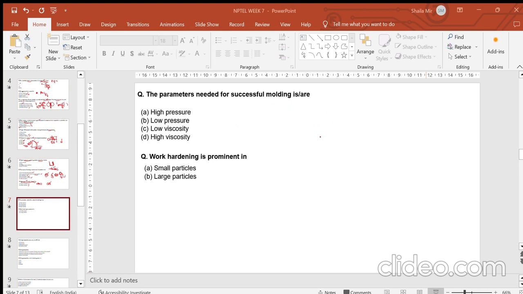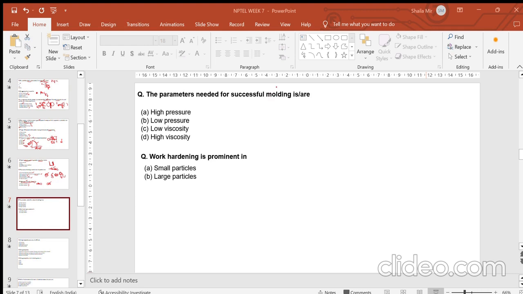This is the compression pressure, and this is, for example, the fractional change in density, or basically density. When you are starting before the compaction, the density is known as apparent density because it is not compacted yet. So there will be apparent density here.